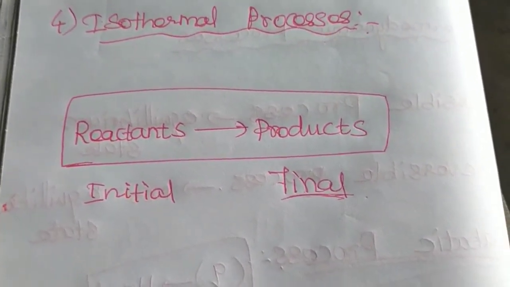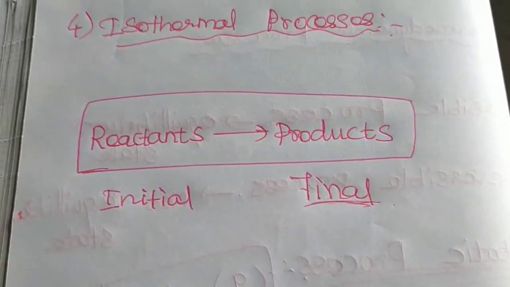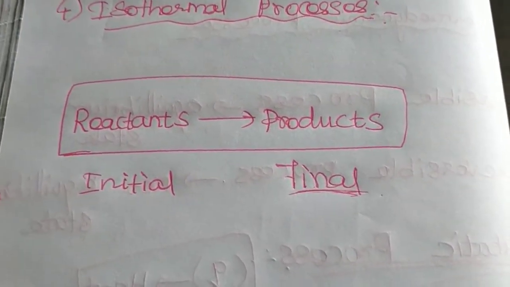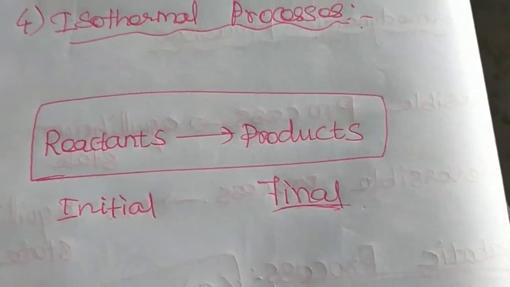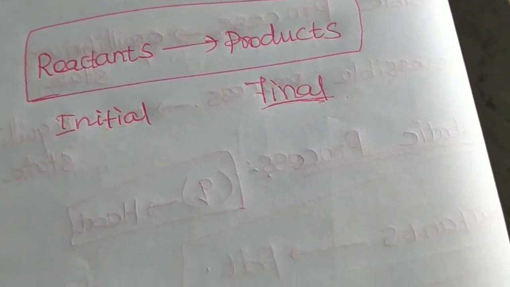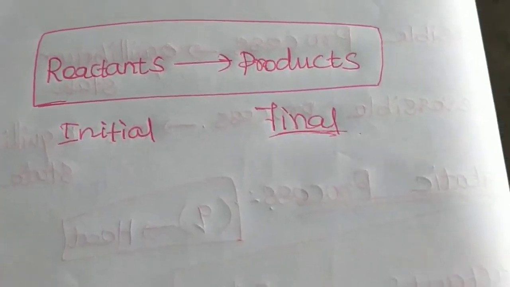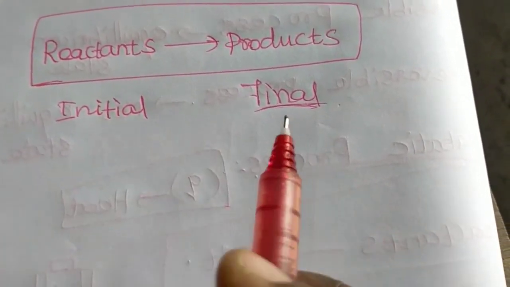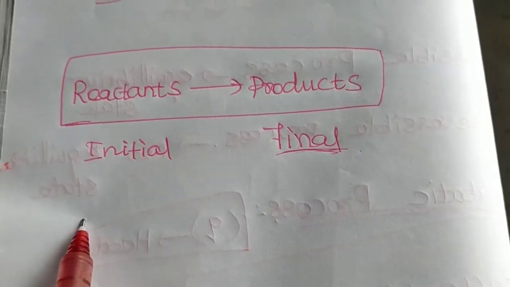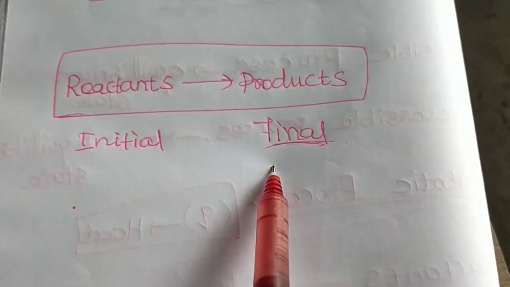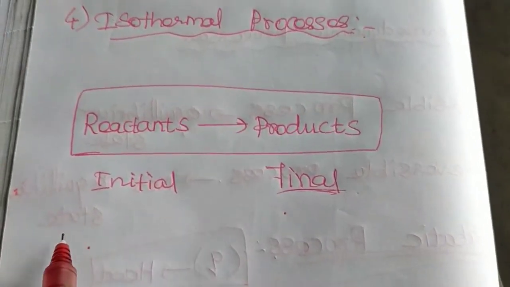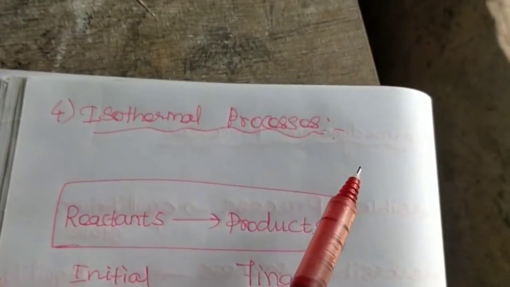So throughout this process, there is no change in the temperature of the system. Or you can write that the temperature of the system is constant from the initial stage to the final stage of the reaction. So what is the isothermal process?